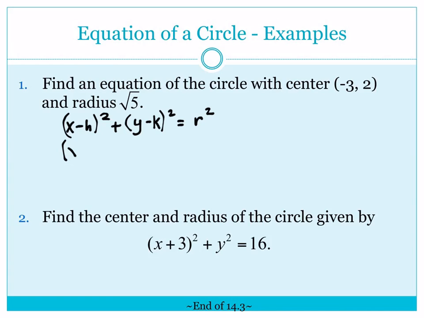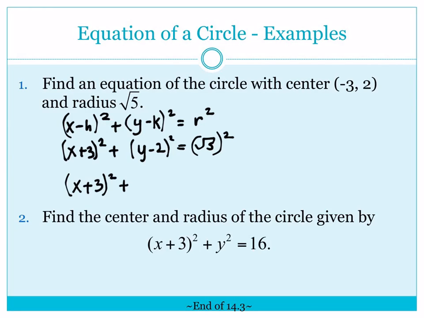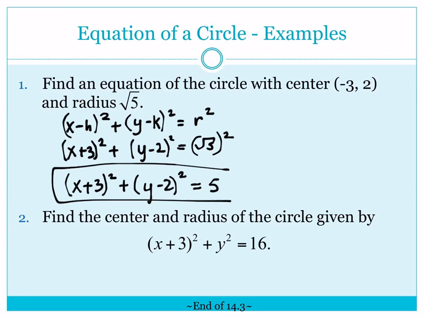So when I do x minus -3, I get x plus 3 squared, plus y minus 2 squared. And then I need to have the square root of 5 squared, which of course will be 5. So I end up with an equation for my circle of x plus 3 squared plus y minus 2 squared equals 5. And that's the equation for this circle.